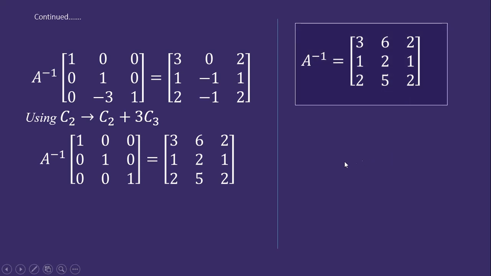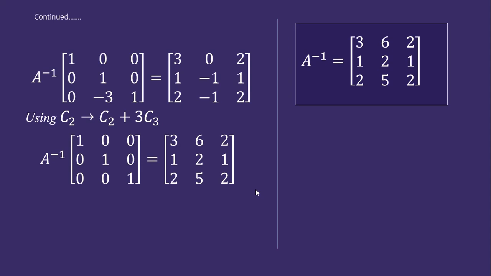Okay, so while applying row or column transformations on a matrix, in the matrix equation A inverse into A is equal to I, or A into A inverse is equal to I, we have to adjust 9 elements.